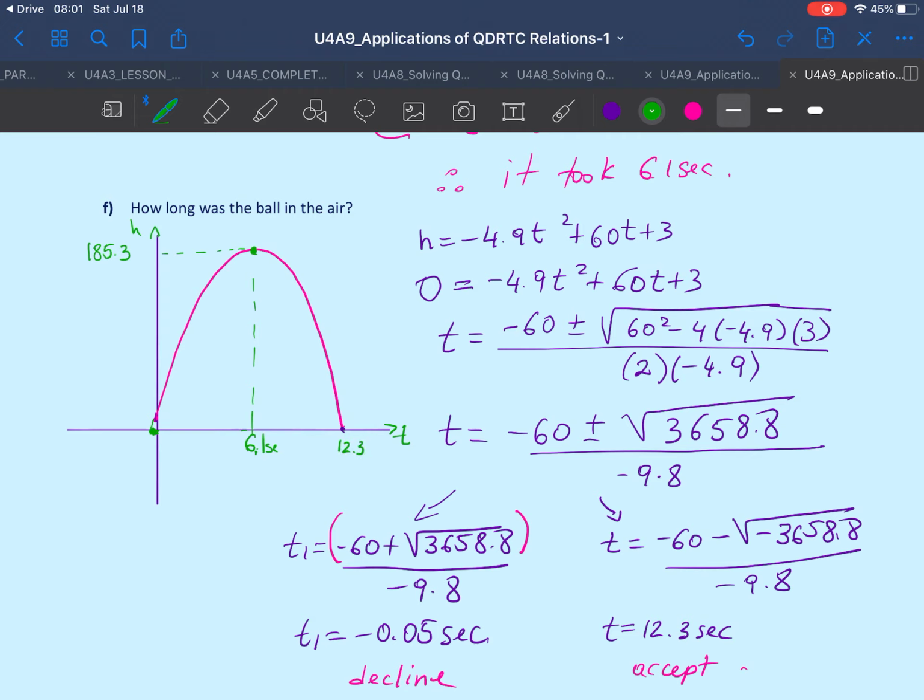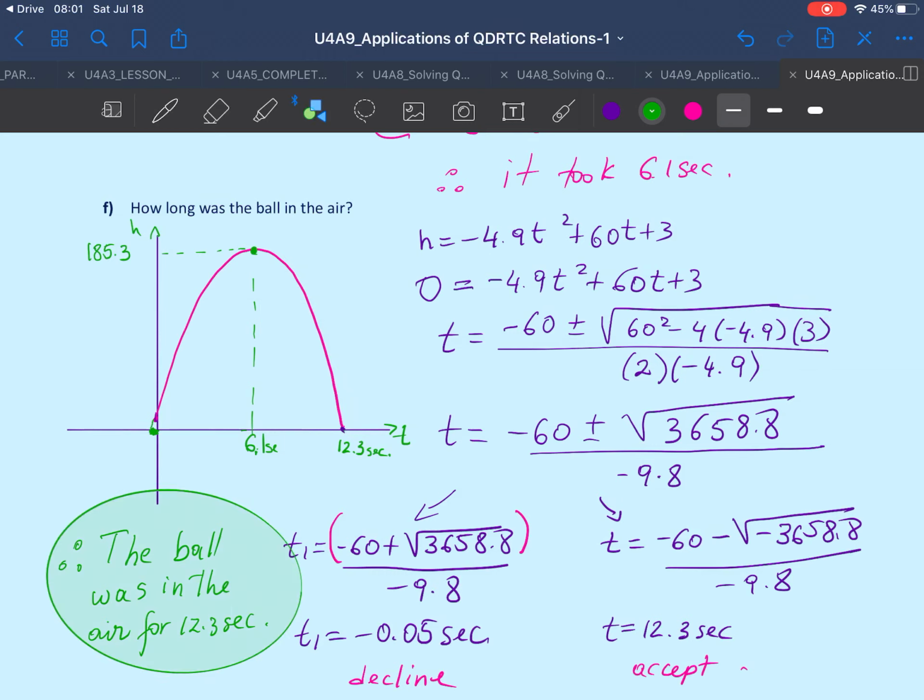And 12.3 seconds will be the time right here. All right? And we are going to say that the ball was up in the air for 12.3 seconds. Okay? And that's about it. So I hope that this all made sense, and I hope that you got the most out of this lesson.